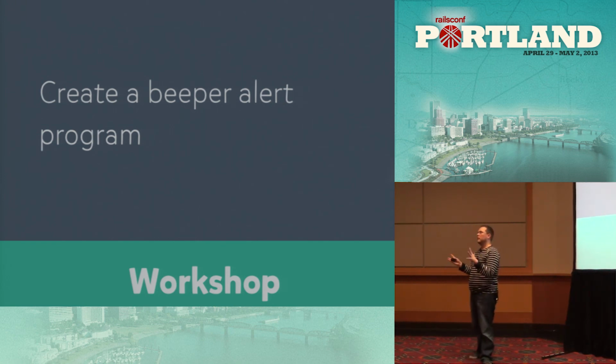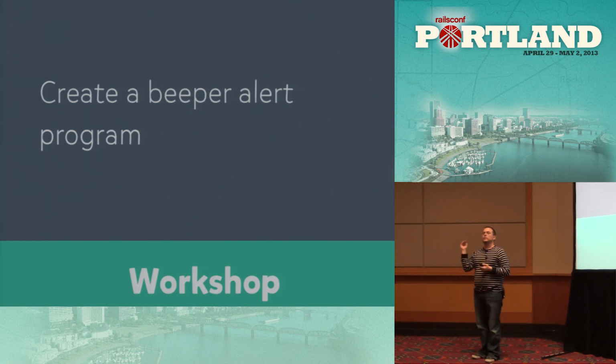So what we're going to do, as a quick schedule update, is take a 5-minute break after this, and then I'll be walking around, and we can create the beeper program. The beeper program is, think about it like a Honeybadger or Airbrake type application that receives errors. The Git repos are set up to receive those errors; that's taken care of.